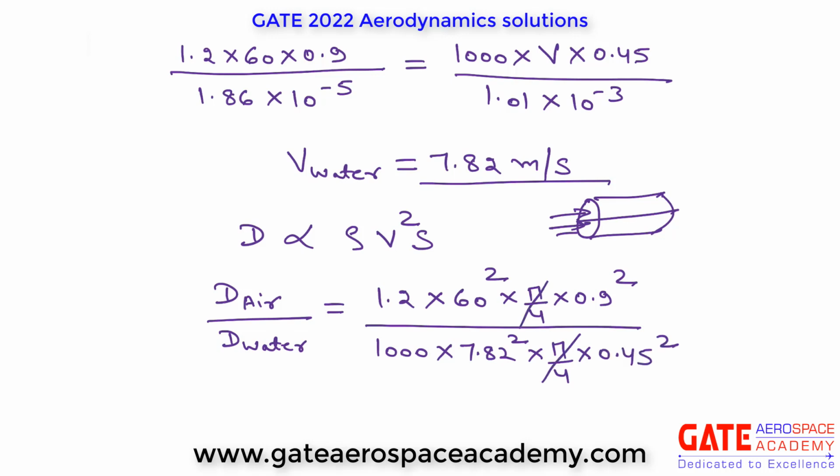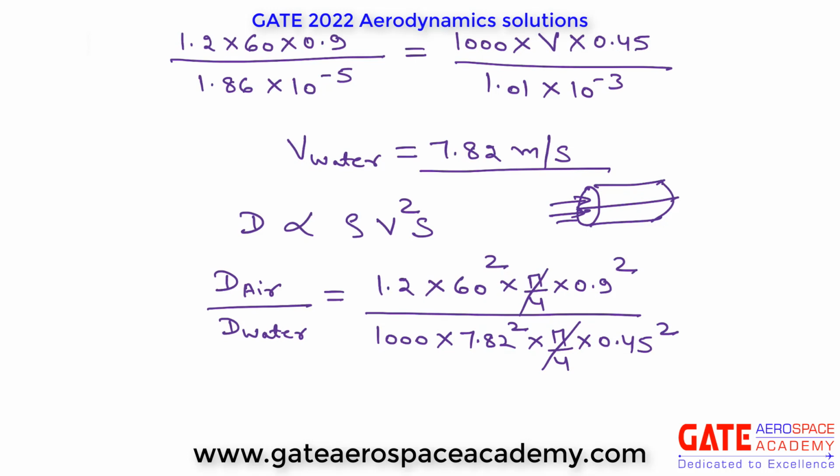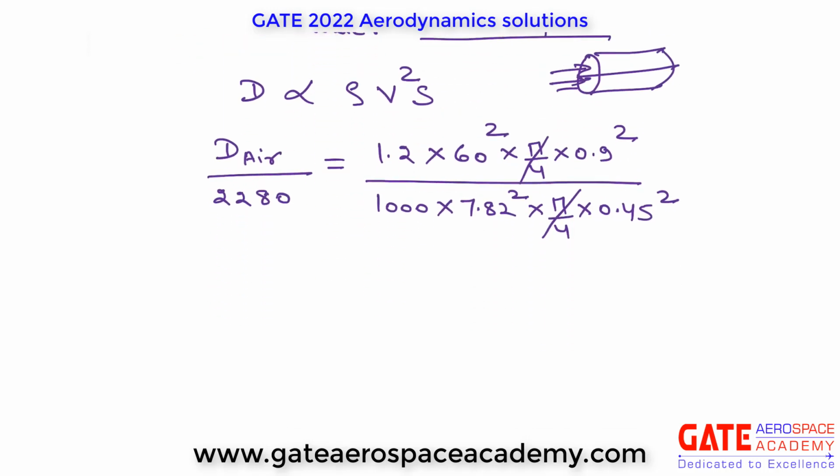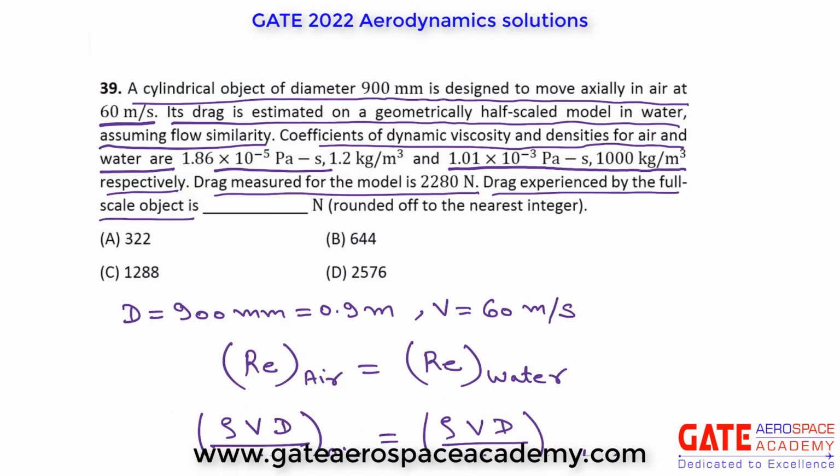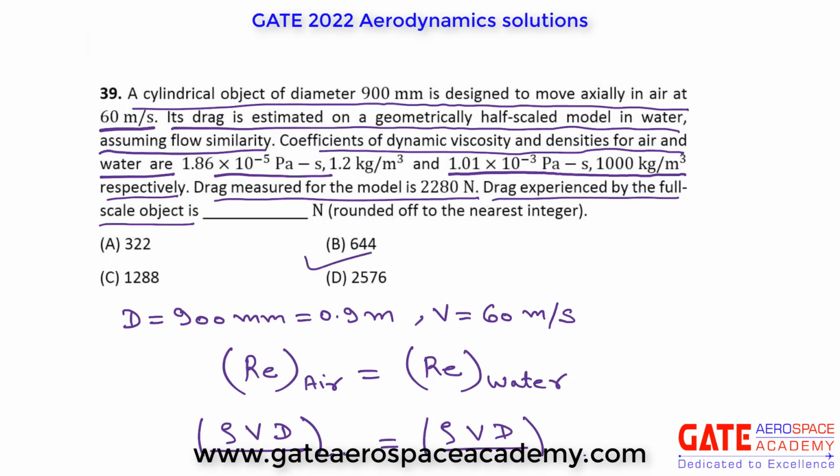This will get cancelled out. The drag on the model in water is given as 2280. So the drag on the prototype in air is equal to 644 Newton. So option B, 644 Newton.